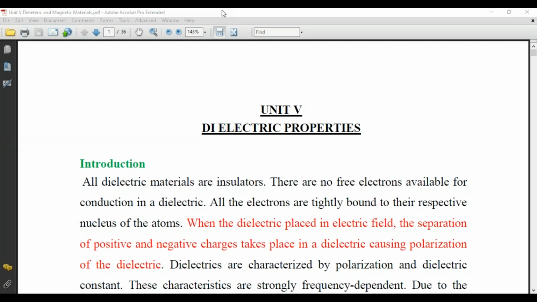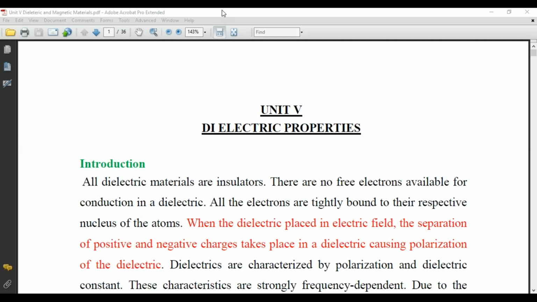But on the whole, the net dipole moment is zero because these dipoles are randomly oriented when no field exists. Suppose a field is applied, what happens? These dipoles tend to align in the direction of the applied field. So the positive charge moves towards the field direction and the negative charge moves opposite. That causes a dipole moment.